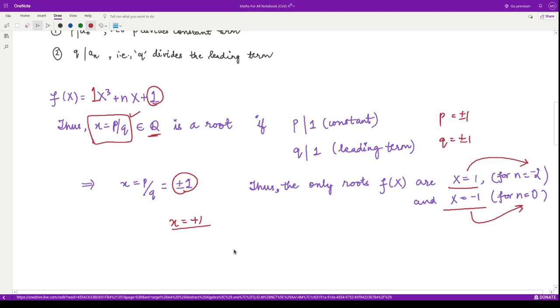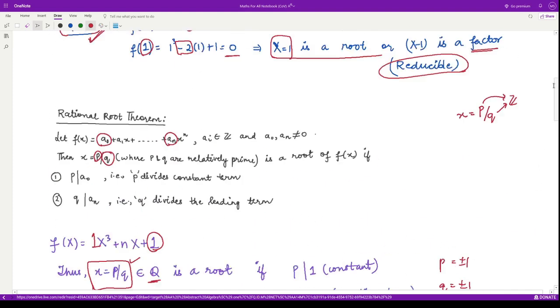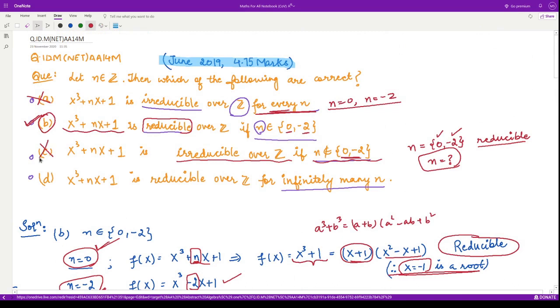Therefore, the polynomial f(x) is reducible, or has a root, only when n is equal to 0 or minus 2. I'm sorry, this option is correct because we do not find any other n for which this polynomial is reducible. Therefore, this polynomial is irreducible for every value other than 0 and minus 2.